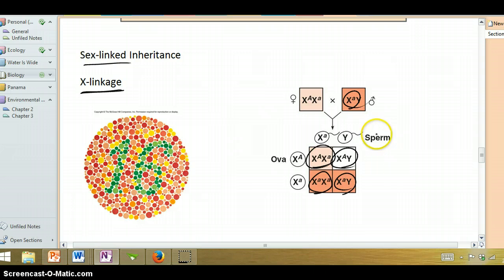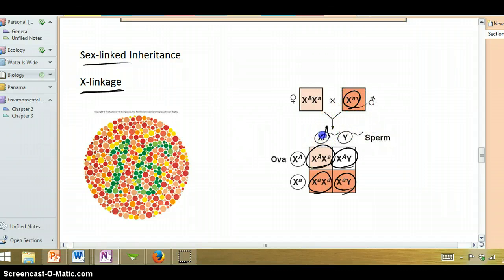Now, notice that the only way for them to have kids with the condition is that there is a mother who is a carrier. In particular, the only way for there to be a daughter who has it is if there's a mother who's a carrier and a dad who has it.